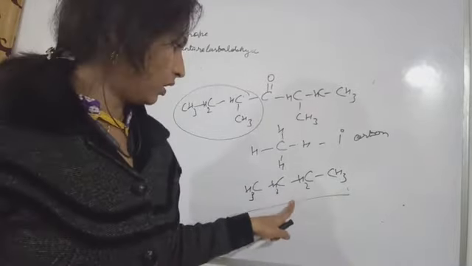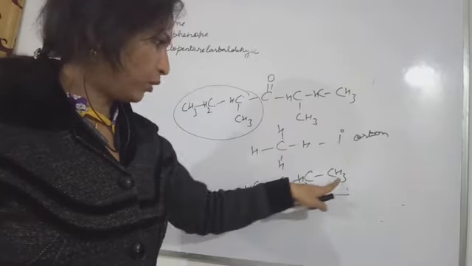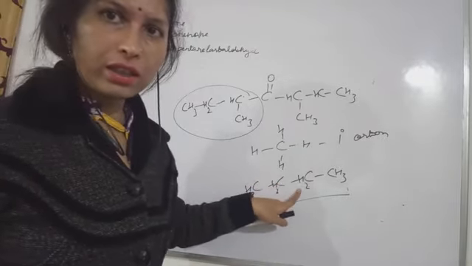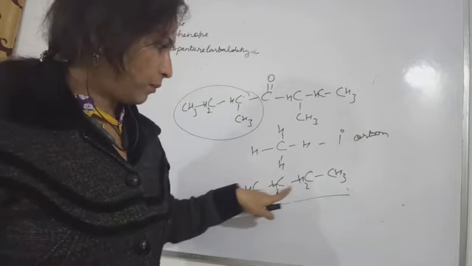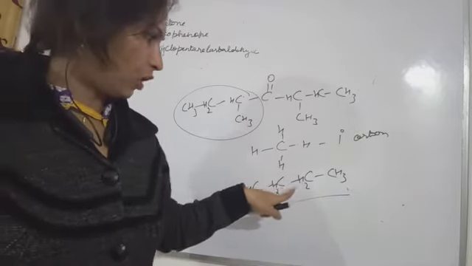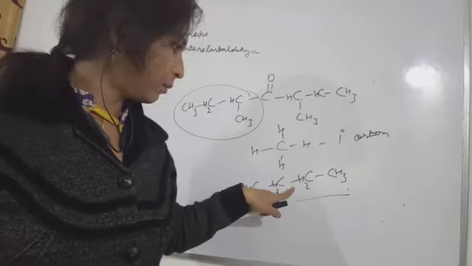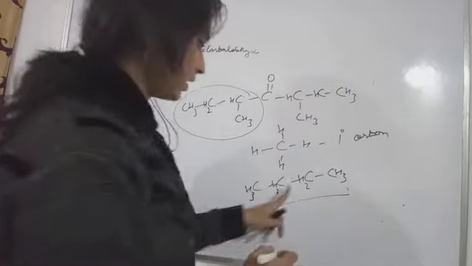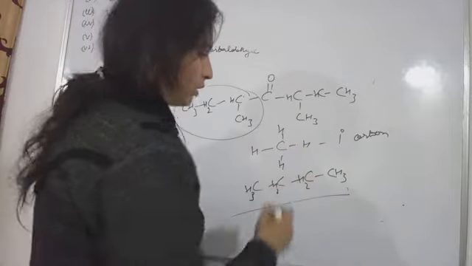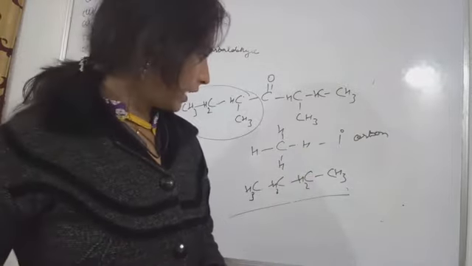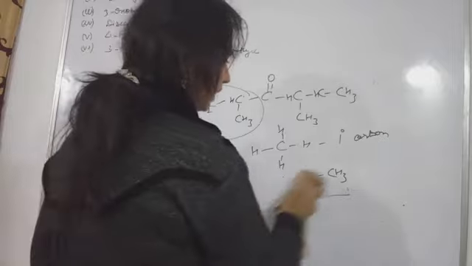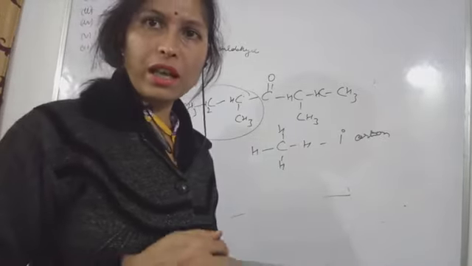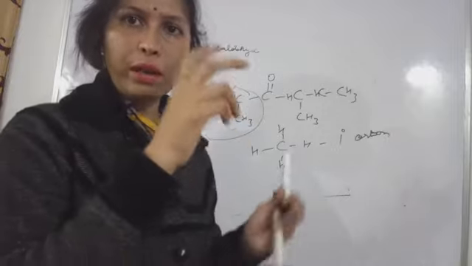All the carbons present in this butane will be called primary carbon, 1 degree carbon only. Okay, if secondary carbon, the carbon has either 1 or 2 carbons attached to it.